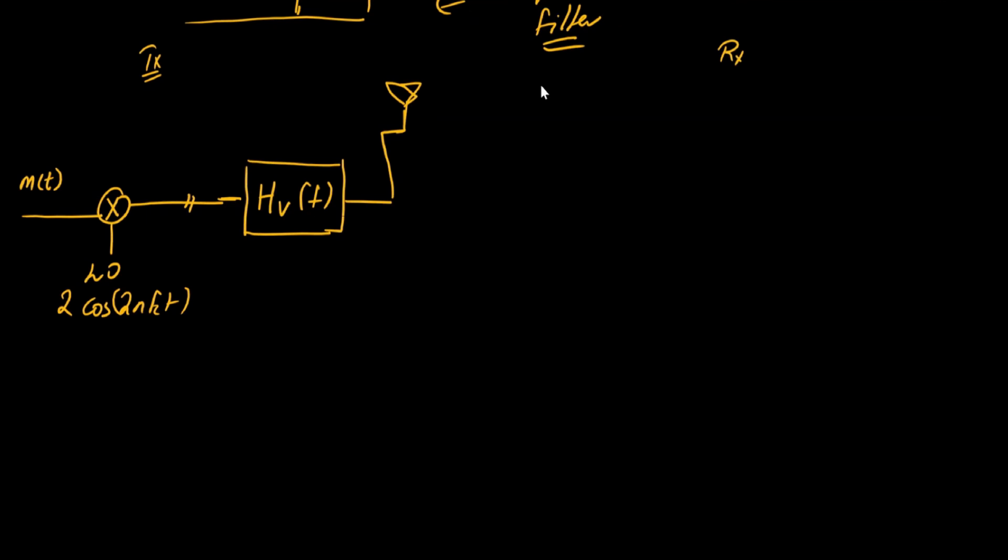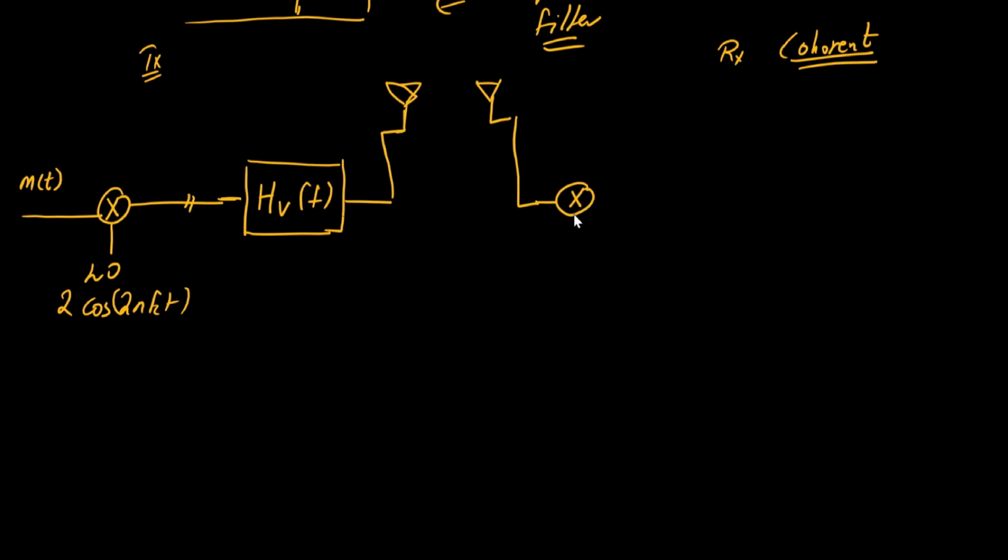On the receiver side, again we would have an antenna, and we would perform the demodulation of DSB-SC initially. That is, we are having a coherent demodulation whereby we need a local oscillator at the receiver side.